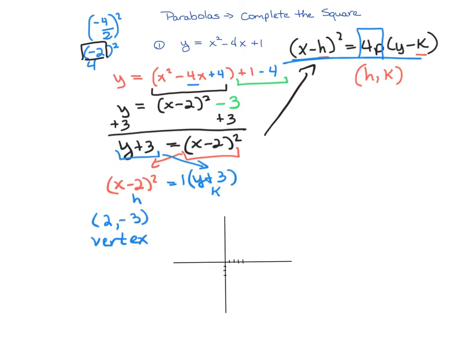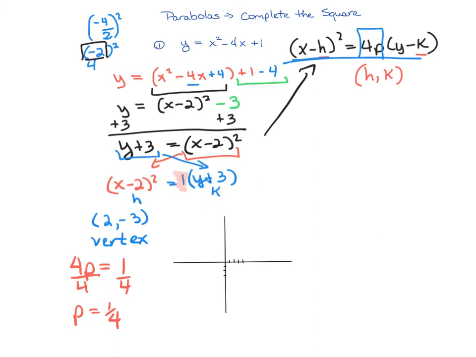Remember, to find the p-value, we take 4p and set it equal to the number that was in front here. Because there wasn't a number, it's going to be a 1. I'm going to divide by 4, and p equals 1/4.